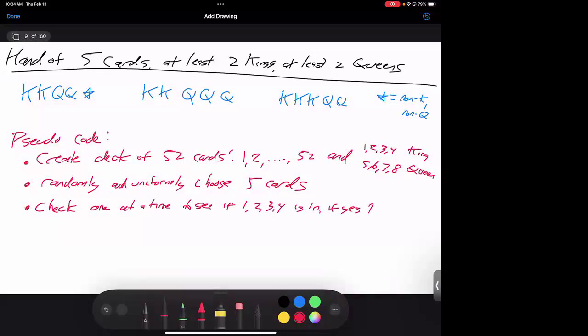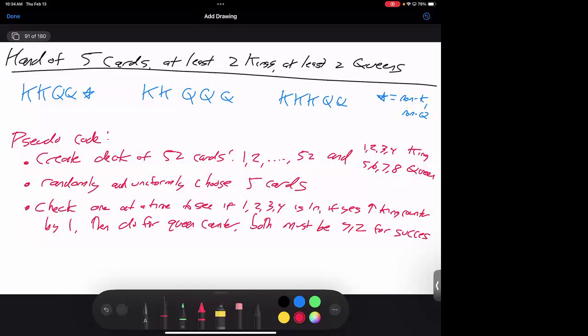If yes, increase the king counter by 1, then do the same for the queen counter. Both must be greater than or equal to 2 for a success.